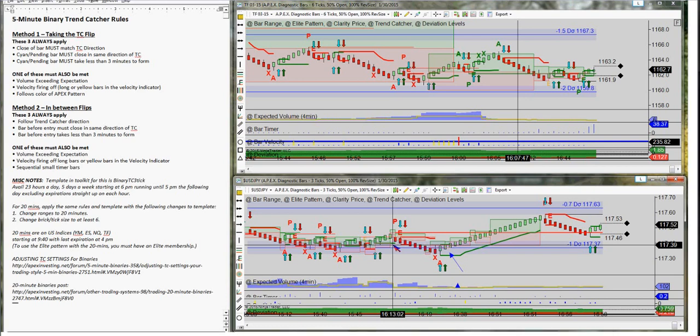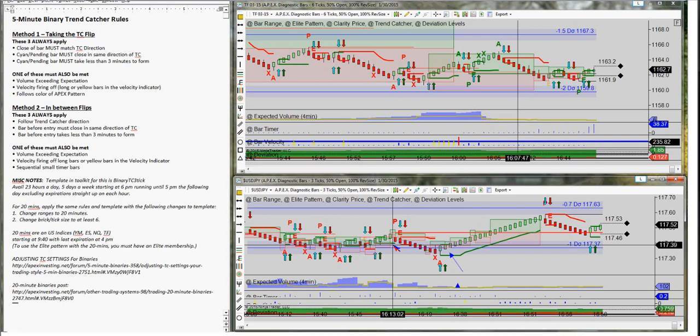Method 2, if I get volume confirmation, you don't wait for the bar to close? No, I don't wait for the bar to close. If I do look at the previous bar, it has to be going in my direction. I want a reason to get in.